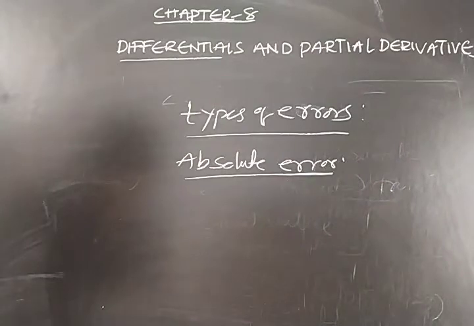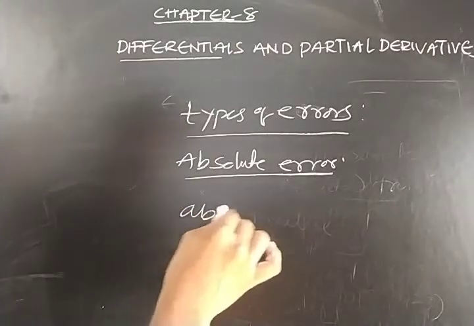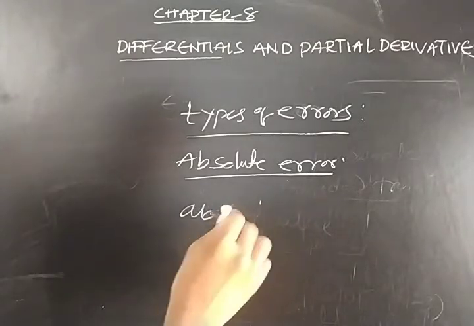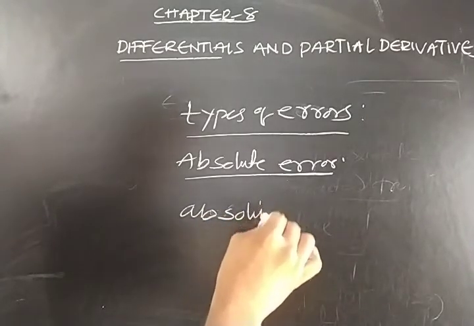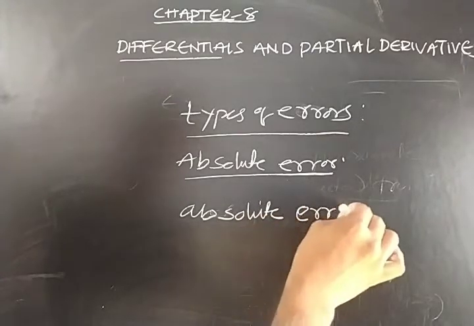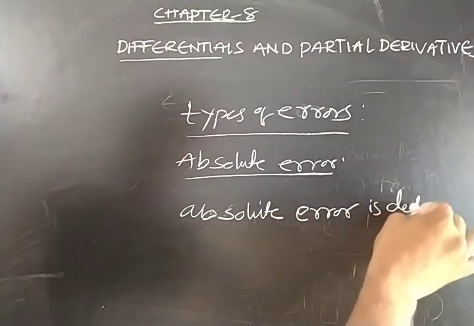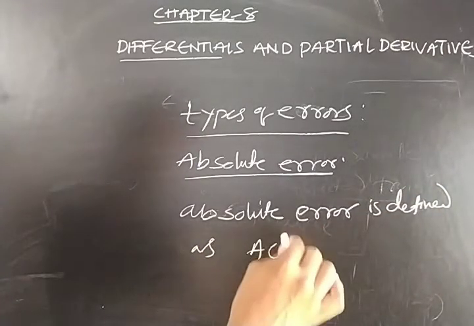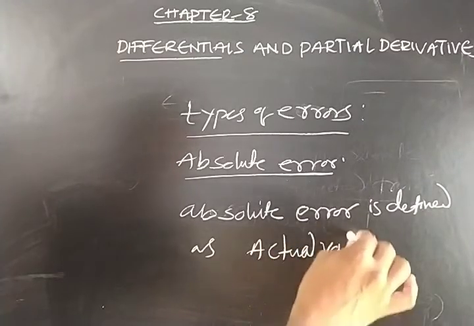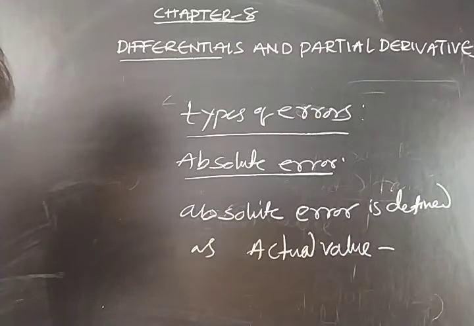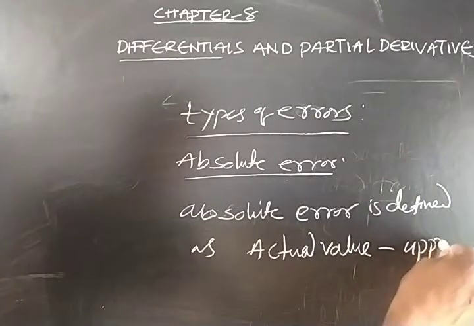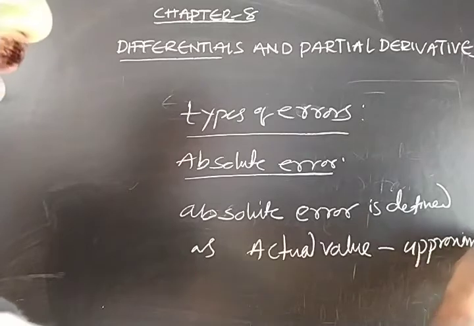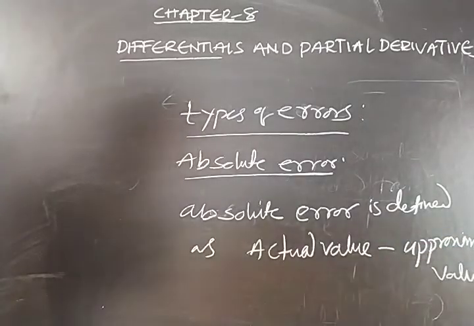The absolute error is defined as the absolute value of actual value minus approximate value.